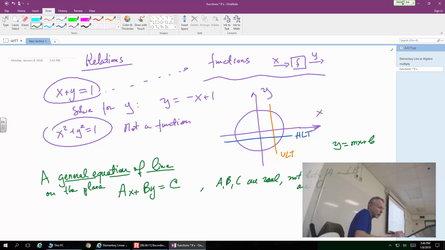If a is equal to 0 and b is not equal to 0, then you have by equals c, or y equals c over b. That's a horizontal line.